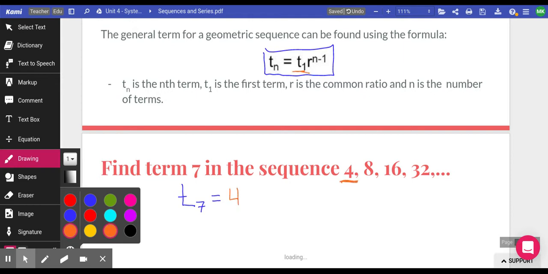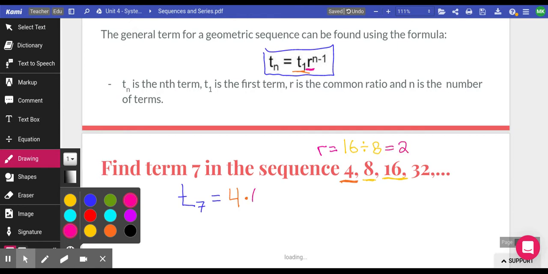So we have 4 times R. Our R value equals, pick a number, let's pick 16 and divide it by the number in front of it.